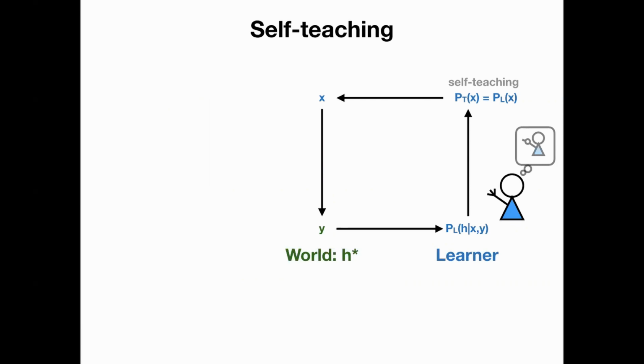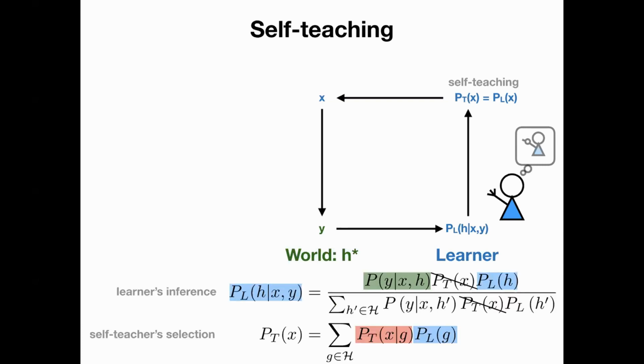So we call this strategy self-teaching. For completeness, the equations are shown here. The key points to take away are that the inference equation now recovers the normal form of Bayesian inference, and that the inference and selection equations are no longer coupled, as it should be in active learning.